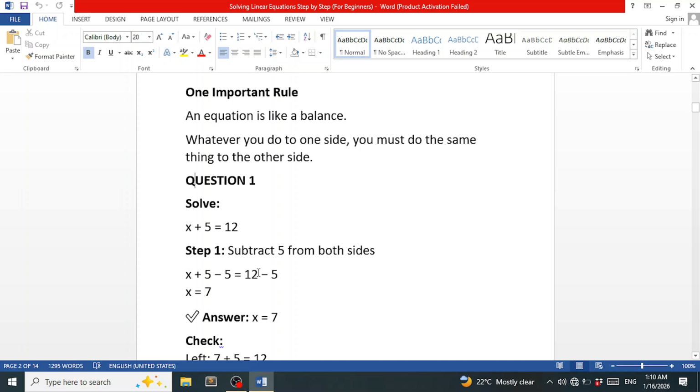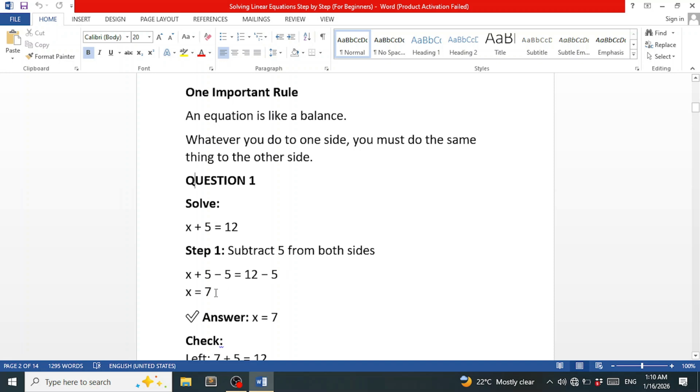If your school or exam in your country allows calculators, then you can enter 12 minus 5 in your calculator, you're going to get 7, okay? Or you can use your head to subtract this, because this is simple. 12 minus 5 is going to be 7.